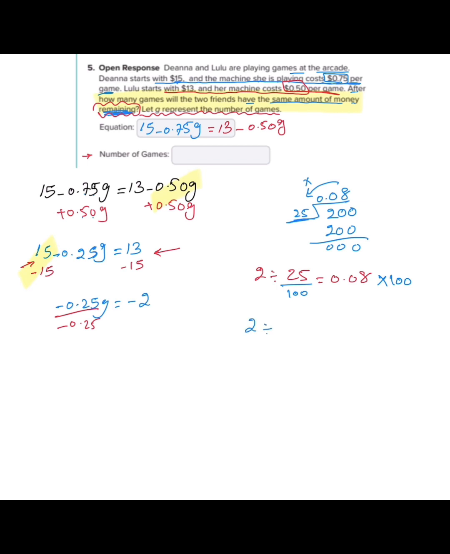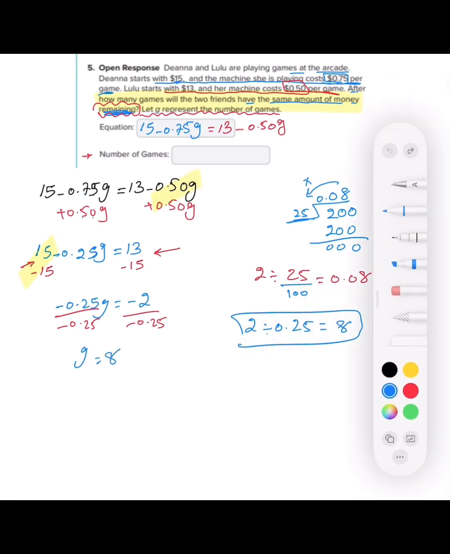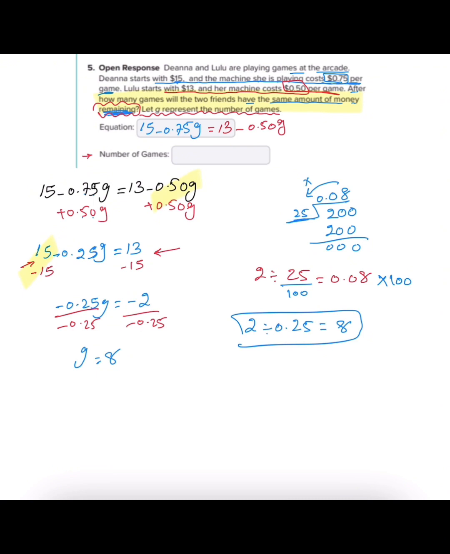So 2 divided by 0.25 is 8. So G equals minus 2 divided by minus 0.25, the answer is 8. The number of games is 8.